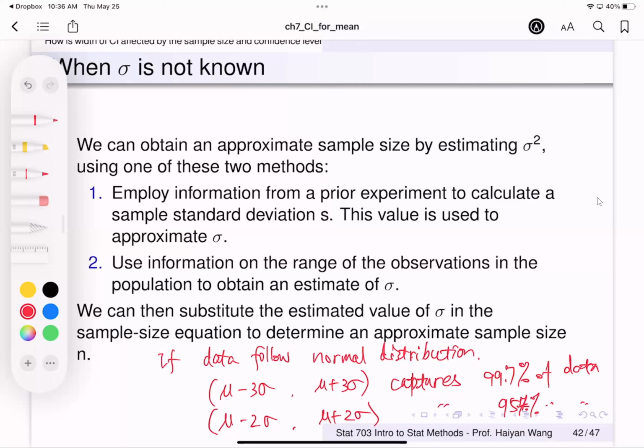In that case, the lower and upper bound together give 4 standard deviations, and you use that to compute the standard deviation.